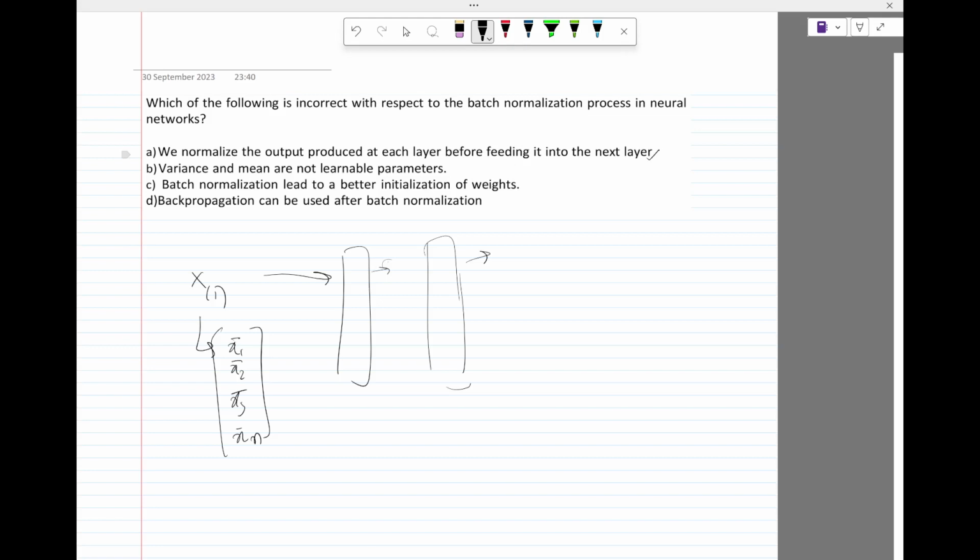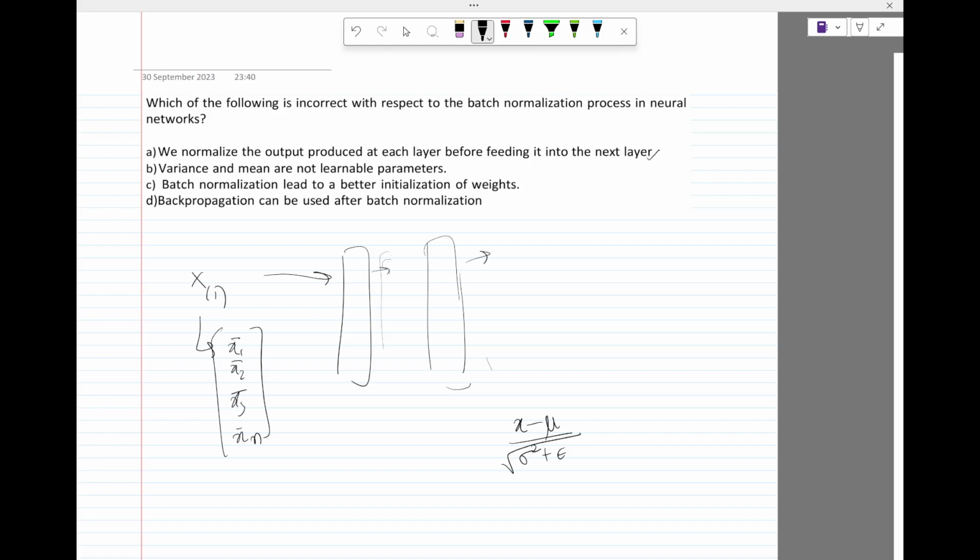Variance and mean are not learnable parameters. So when you normalize in each of the layers, what you do is you compute x minus mu upon the square root of sigma square plus epsilon, right?